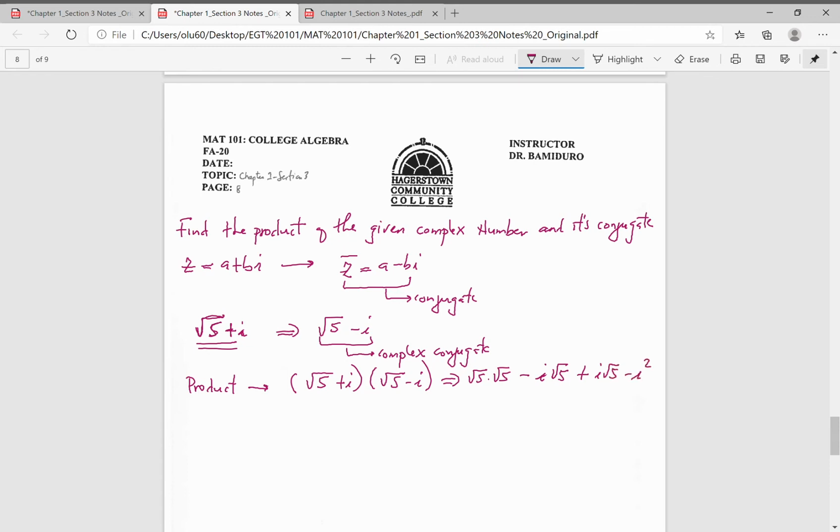Okay? And then our answer typically is going to be 5 plus 1 equals 6. Because root 5 times root 5 is nothing more than 5, and these cancel each other out. And then we know that i squared is negative 1, times this minus sign here gives us a positive 1. Okay, making 6 our answer.